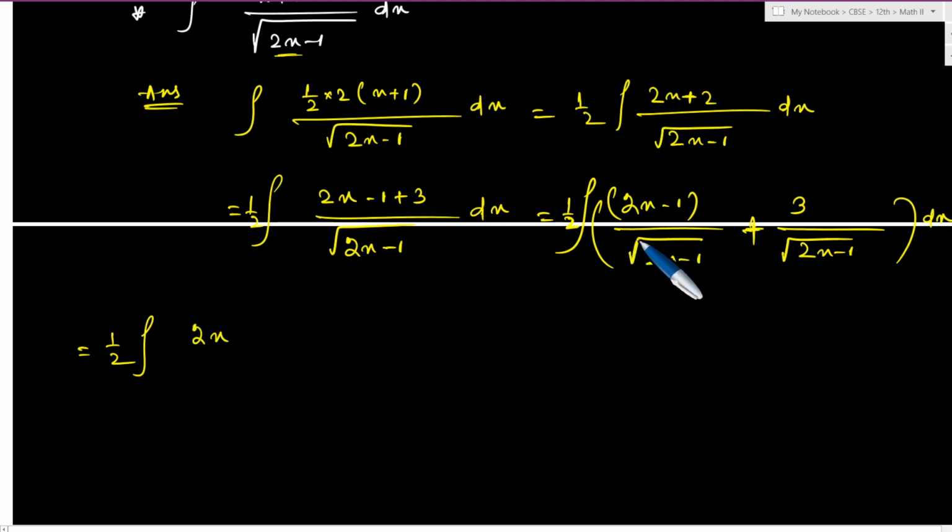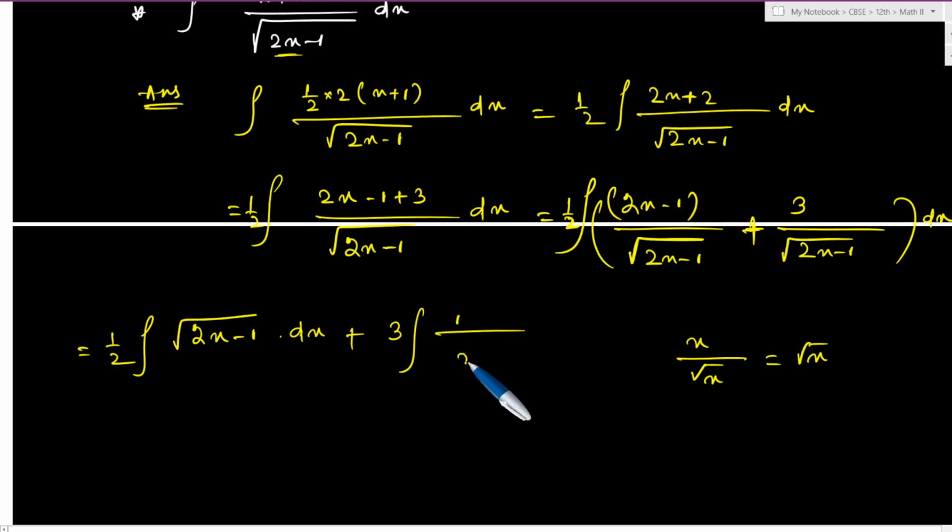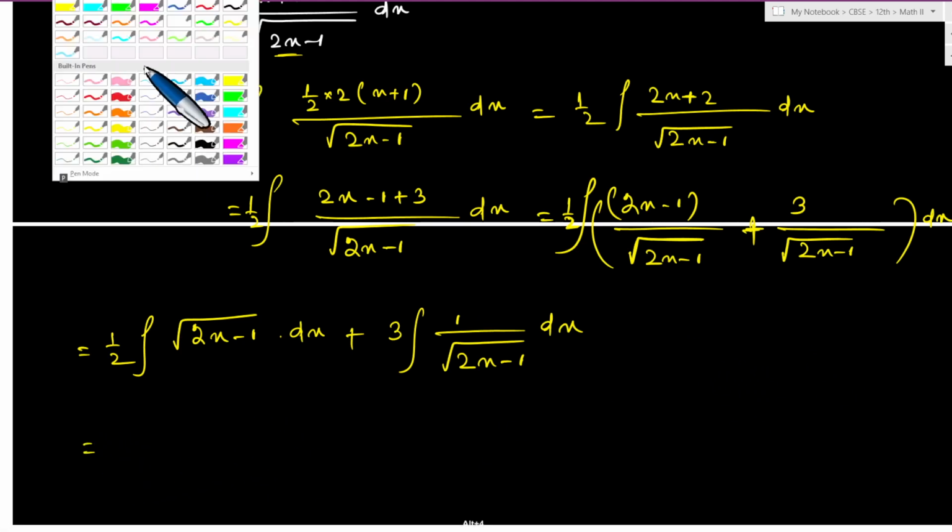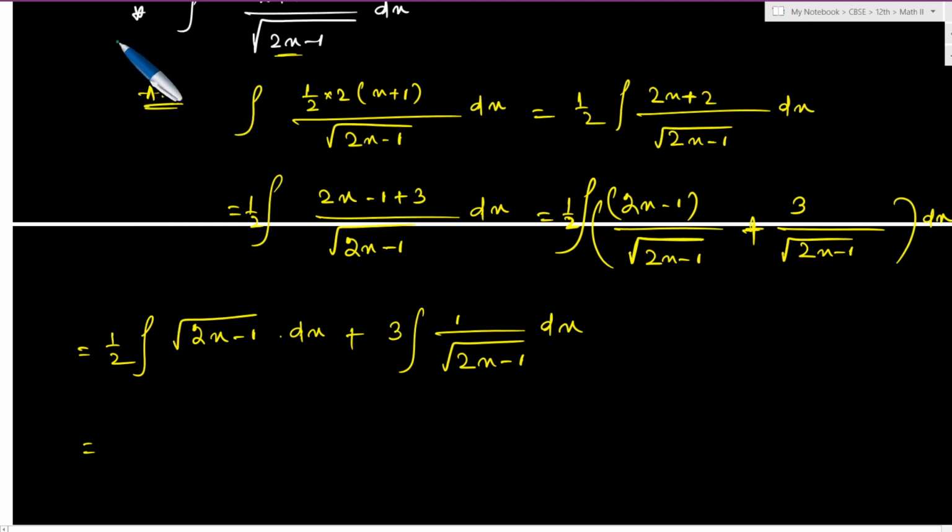Here it is root over of 2x minus 1 and यहाँ पे 2x minus 1, ये दोनों कैंसिल हो जाएगा. जैसे कि x बाई रूट एक्स का वैल्यू कितना होता है, रूट एक्स. उसी तरह ये हो जाएगा क्या, 2x minus 1 का रूट ओवर dx माई प्लस 1 डिवाइडेड बाई 2x minus 1 का रूट ओवर dx. हो गया. उसके बाद जैसे प्रीवियस टाइम के सॉल्व किए थे, इधर इसको भी सॉल्व करना है, और कुछ है ही नहीं इसमें.